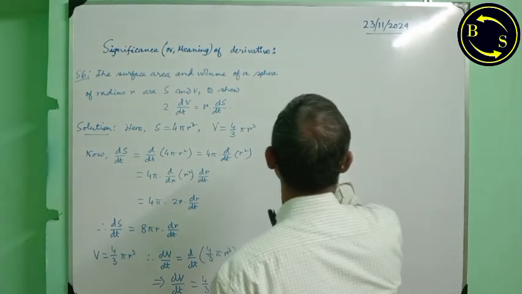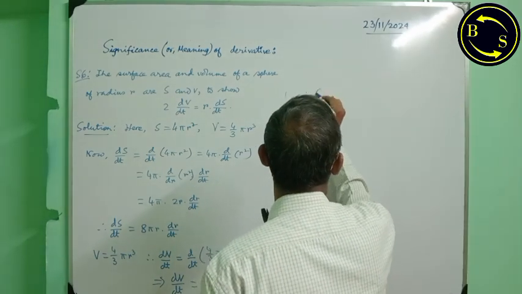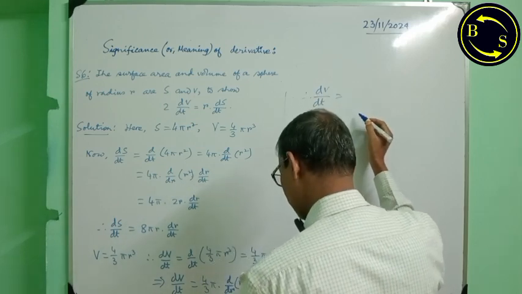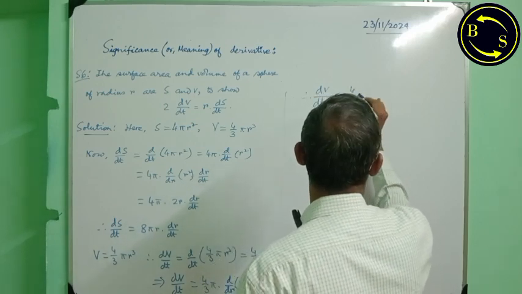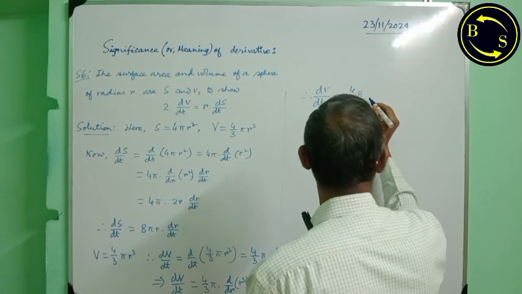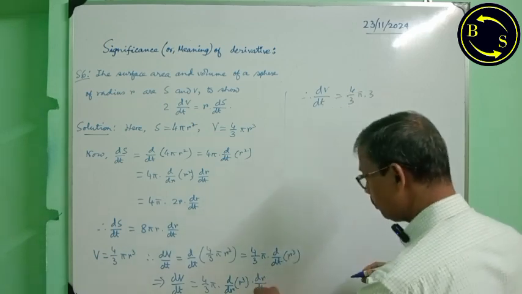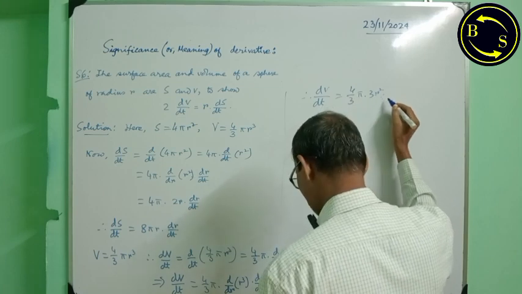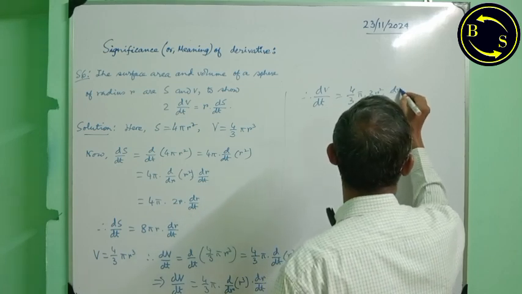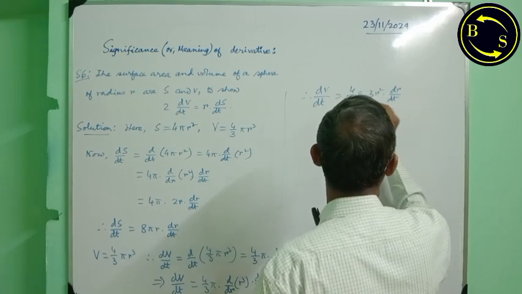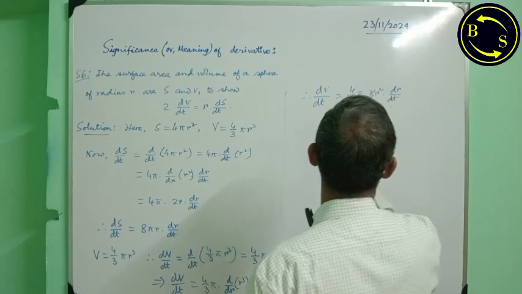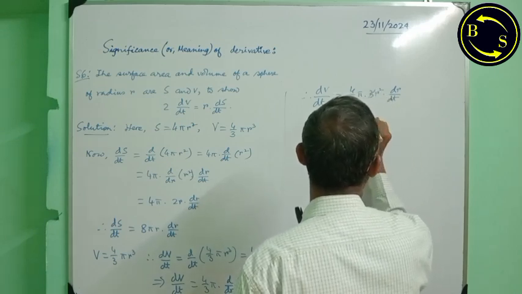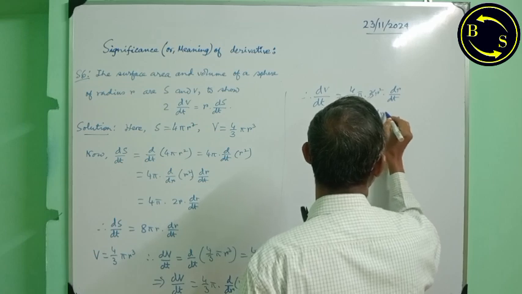Therefore, dv dt is equal to 4 by 3 pi into derivative of r cube with respect to r, 3r square, into dr dt. 3 cancelled. Finally 4 pi r square into dr dt.